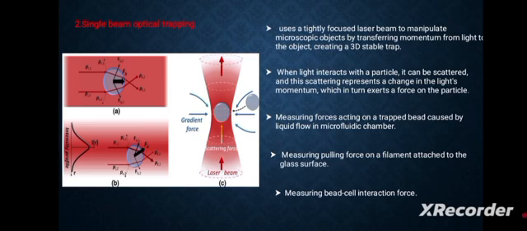Measuring force acting on a trapped bead caused by liquid flow in a microfluidic chamber. Measuring pulling force on a filament attached to the glass surface. Measuring bead-cell interaction force.